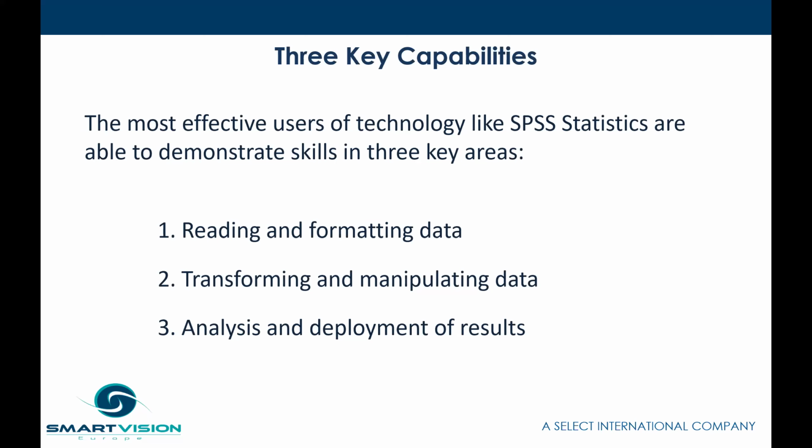And the three key areas that we try to cover are, first, getting data into the system, because most people are out there collecting data using other systems, whether it be Excel or databases or forms that people use, Qualtrics, or the survey platforms, or systems like CRM systems or HR systems.